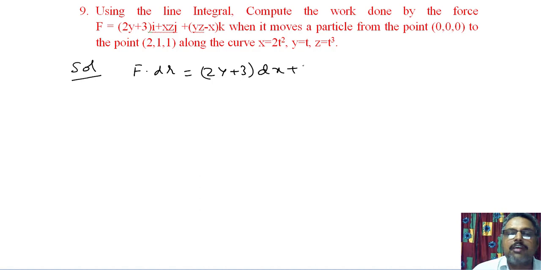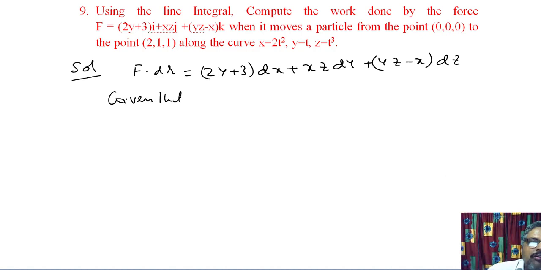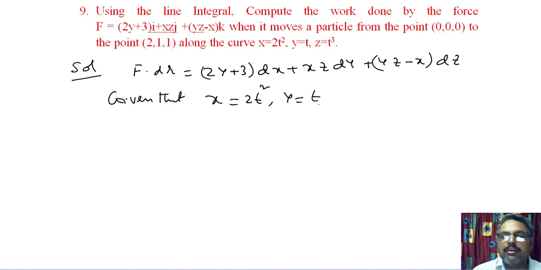Here given that x equals 2t², y equals t, z equals t³. Now dx equals 4t dt, dy equals dt, dz equals 3t² dt. Now substitute all these results in F dot dr, then what happens?